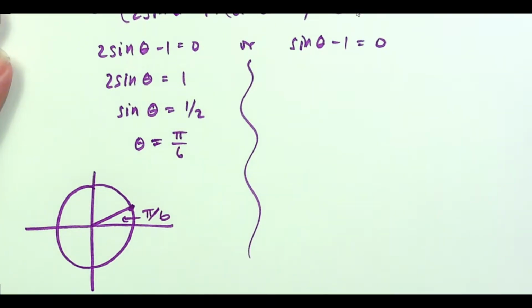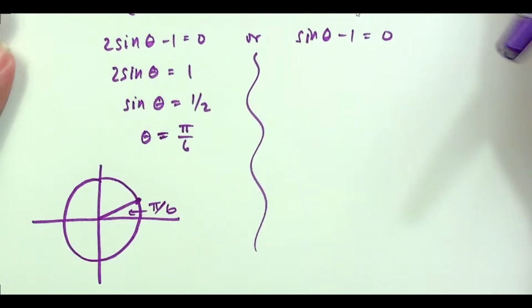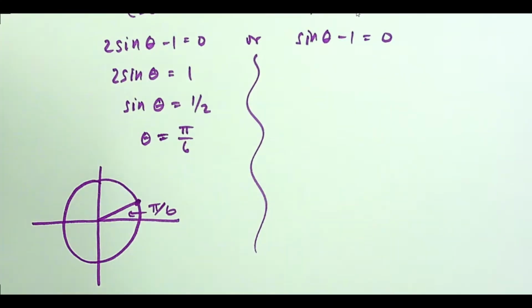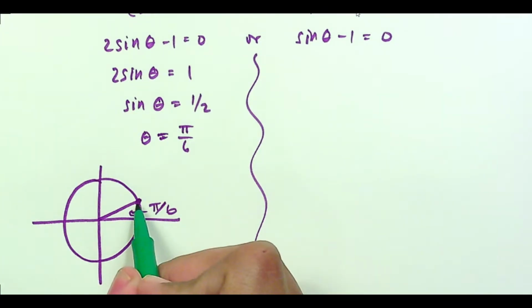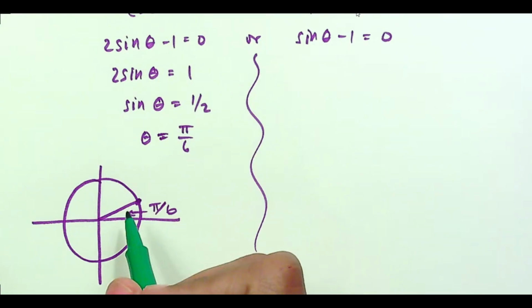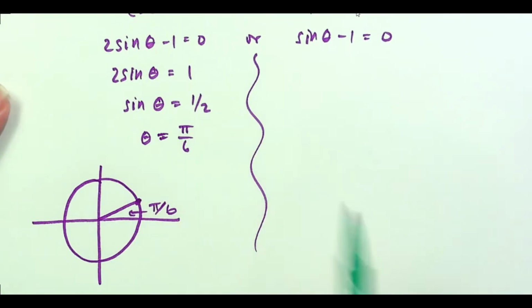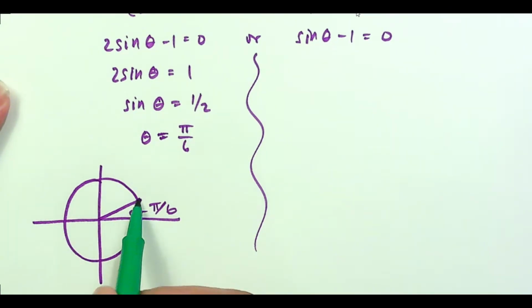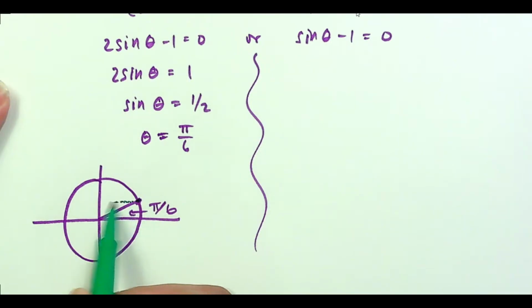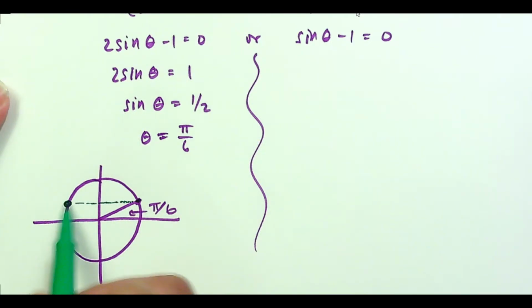Okay, so what is the other angle whose sine is also 1/2? Well, sine is the second coordinate, or the y-coordinate of this point. Another point on the unit circle that has the same y-coordinate would be, the y-coordinate is the height, so it would be this one right here. So that would be the other angle.